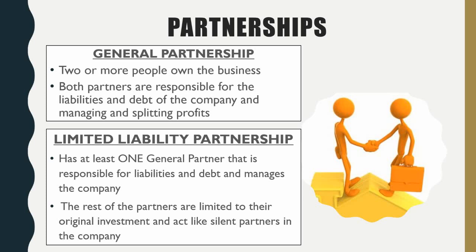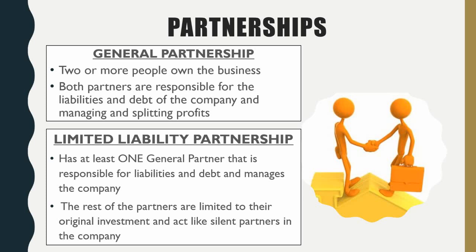So again, 2 different types, right? You got one of them where everybody is involved, everybody has some kind of responsibility, some kind of part to take in the business, while in limited liabilities, there's only one real person that's running the show, and the other one acts as an investor, okay?